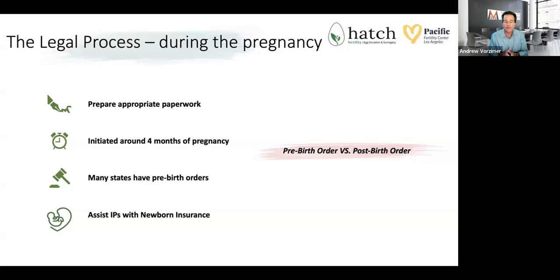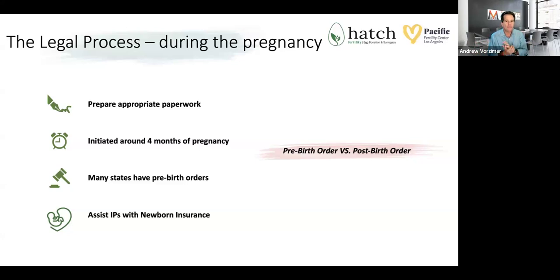Typically, that judgment will be issued by the end of the second trimester. So by the end of the second trimester, the legal work is effectively complete. You have been declared the legal parents. And the last 3 or 4 months of the pregnancy is just our office working with Hatch to plan for the baby's arrival at the hospital, taking care of all the birth plans, securing a private room for you, dealing with the financial aspects for your baby's newborn care.